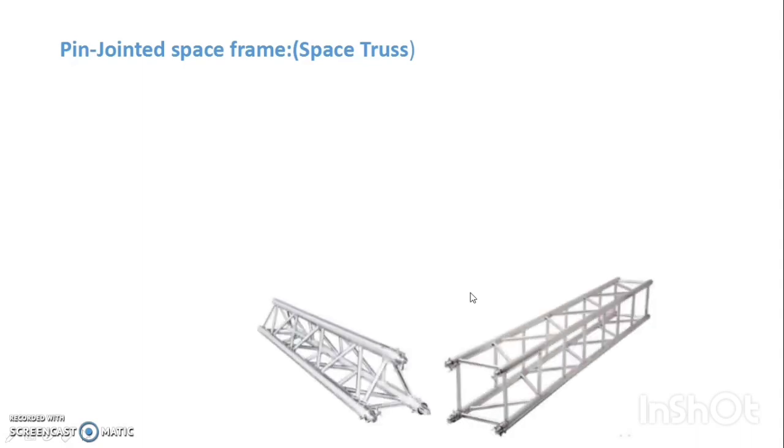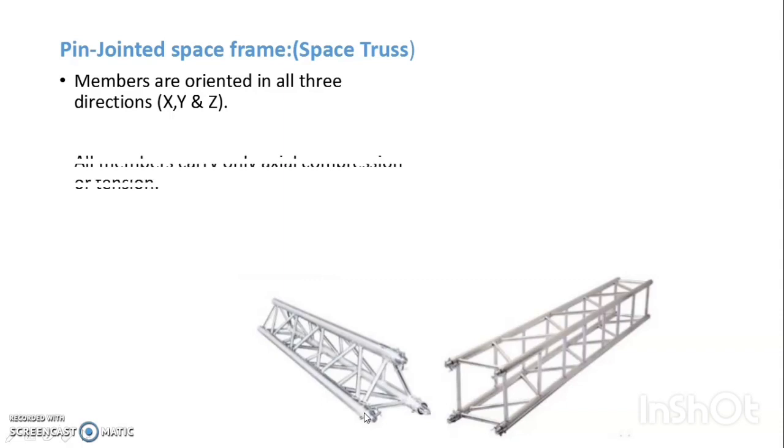And finally, we are going to see the pin jointed space truss, that is the pin jointed space frame, in other words known as the space truss. This is an illustrated diagram of a space truss where we can see the structure is there in X, Y and Z planes also. The space is nothing but three-dimensional, that is X, Y and Z planes, and all the members carry only axial compression or tension.